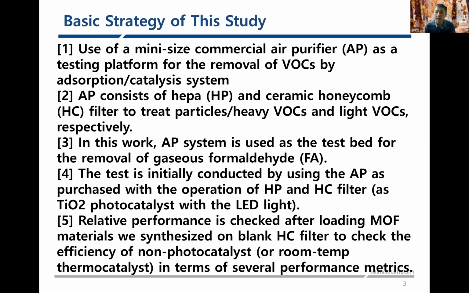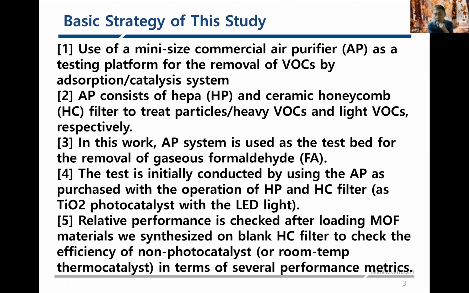Fourth, the test is initially conducted using the air purifier as purchased, with the operation of the HEPA filter and honeycomb filter. And fifth and last, the relative performance between as purchased and after modification is compared.